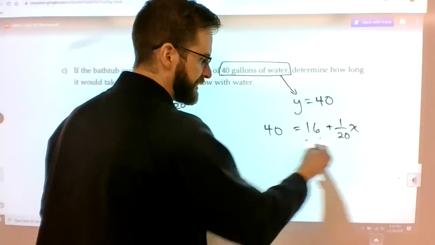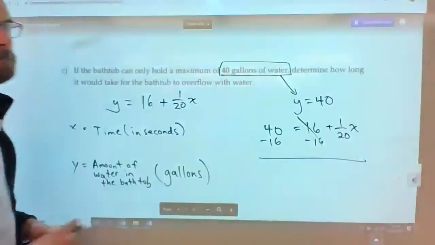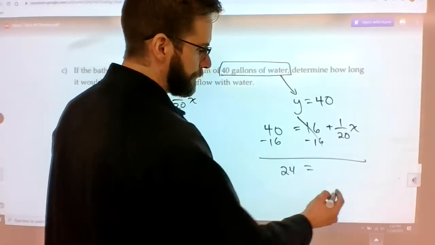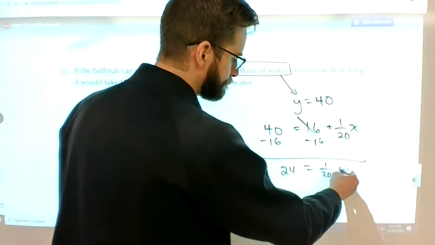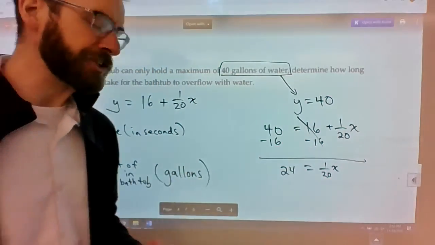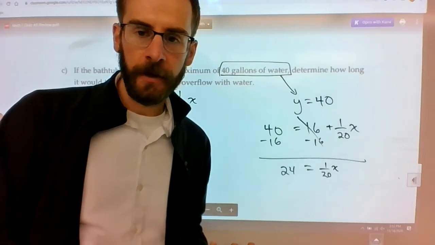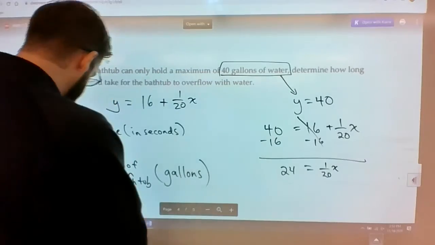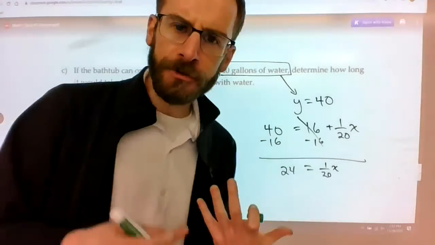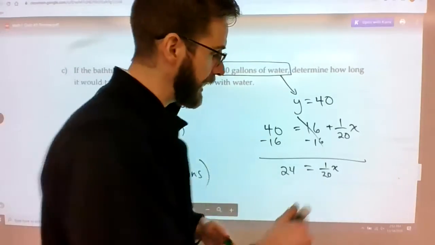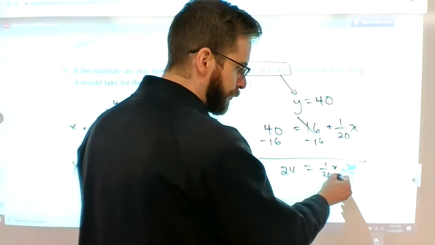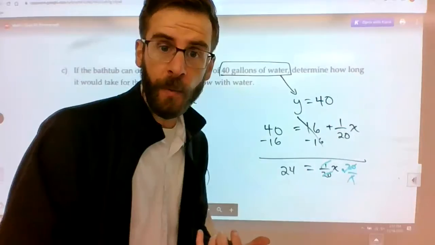So I'm going to subtract the 16 from both sides. 40 minus 16 is 24. And you've got 1/20th x. Now there's a couple different ways to solve this. You can find a common denominator, or you could recognize that if I multiply by 20 over 1 on both sides, that's going to completely get rid of the number in front of x, which is what we want.